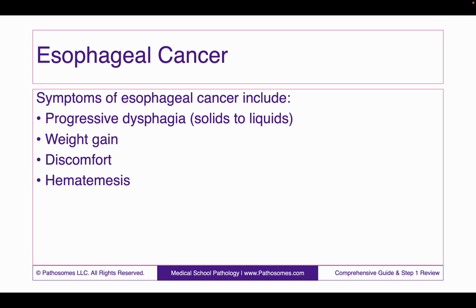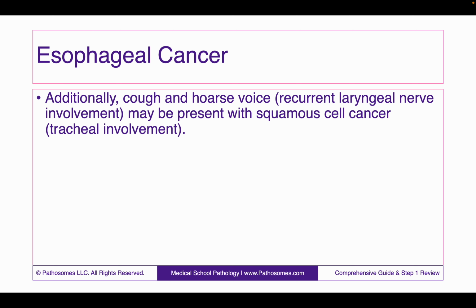And they could actually have weight loss too. It depends, right? If they're not eating enough in the setting of esophageal cancer, they may actually lose weight. Additionally, cough and hoarse voice may be present due to the recurrent laryngeal nerve being involved.